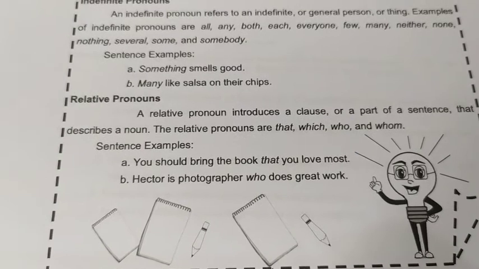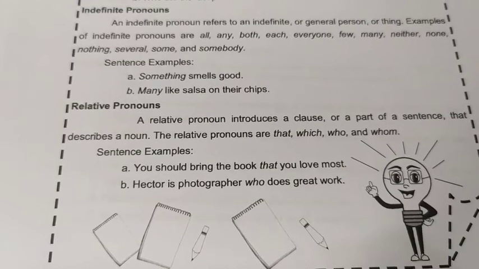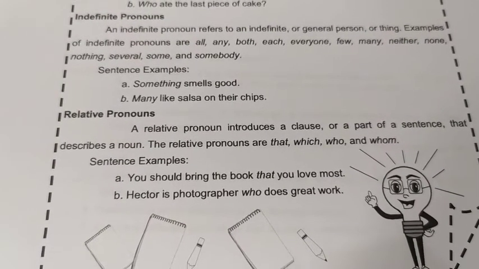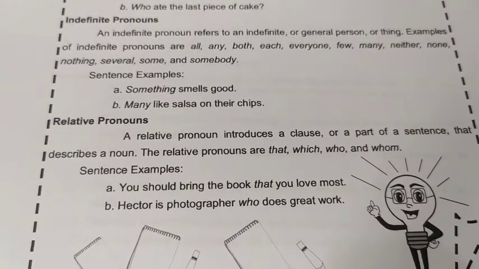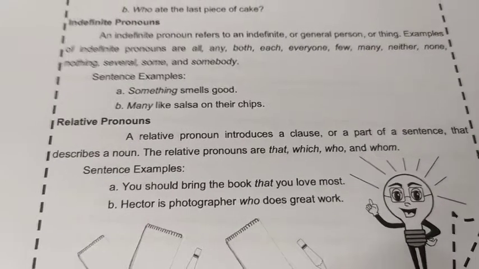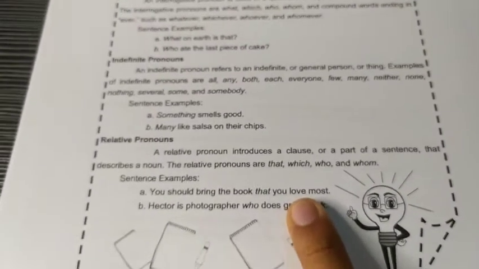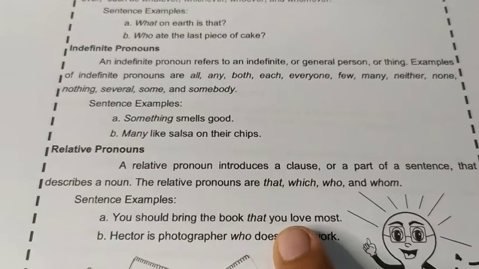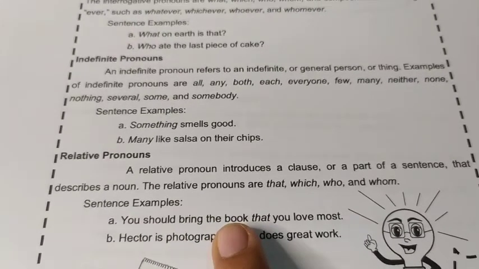After mentioning a particular thing, you will relate a specific idea, then you will use relative pronouns such as that, which, who, and whom. For example, you should bring the book that you love most. So what is being described here, you love most? Is it you or the book? It is the book because of the word that.